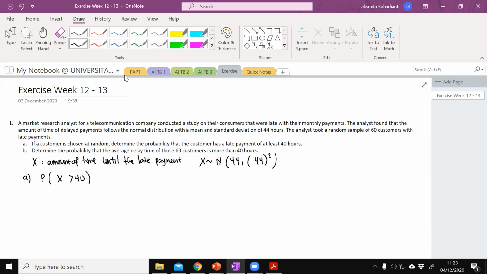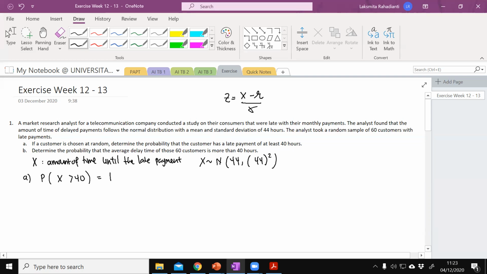Here we have X, and we want to change it to Z. Recall that the standard score Z can be computed by taking X, subtracting mu, and dividing by the standard deviation.